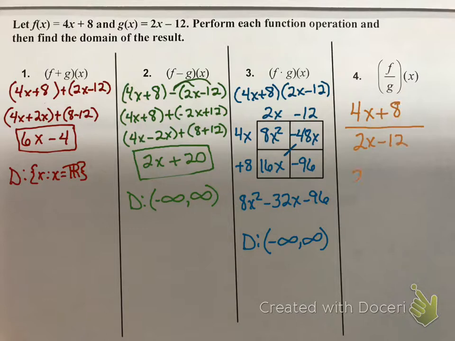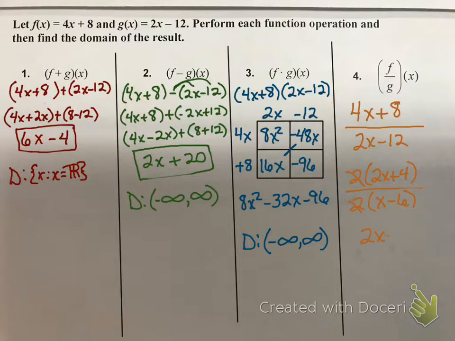F divided by g, let me slow this down just a little bit. Now, we're going to factor out the greatest common factor for our numerator and our denominator. Actually, if I factored out a 4 on the top, I would have to redistribute, so I'm just going to factor out a 2. Then, as you can see, that reduces out for both my equations.